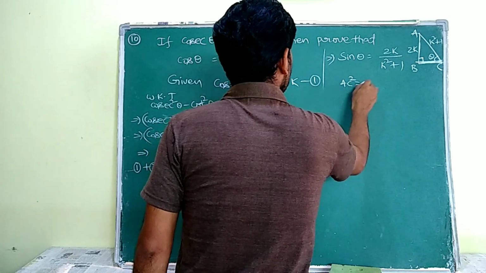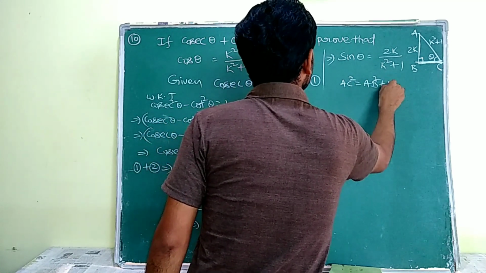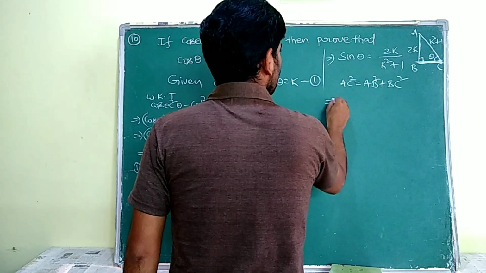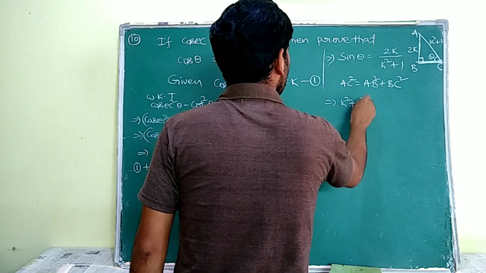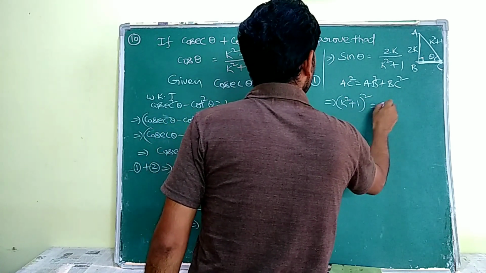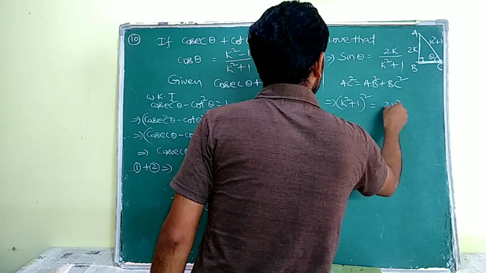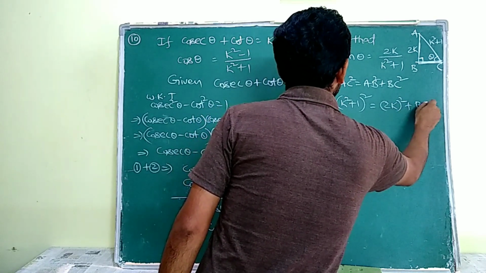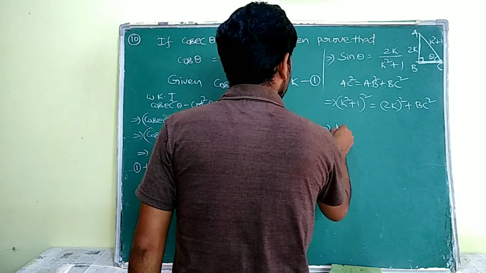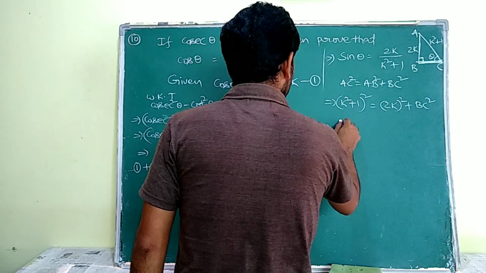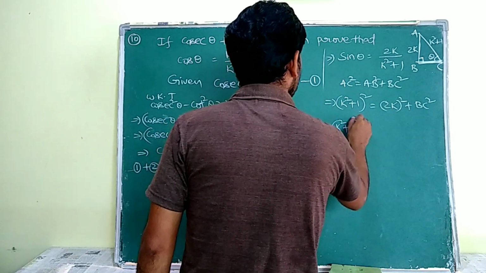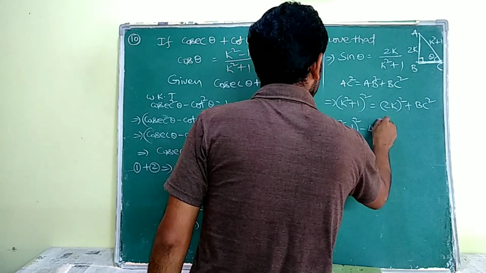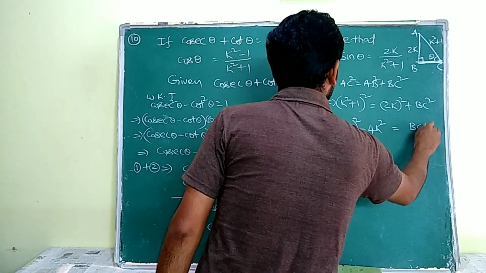So AC square is equal to AB square plus BC square, we know. AC square means k square plus 1 whole square is equal to 2k whole square plus BC square. By this, k square plus 1 whole square minus 4k square is equal to BC square.